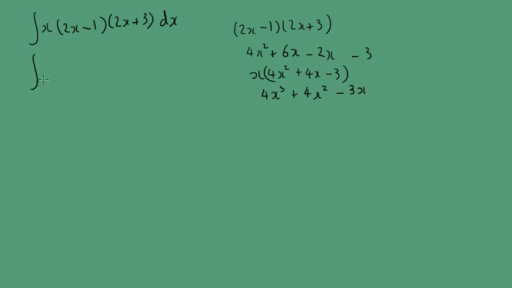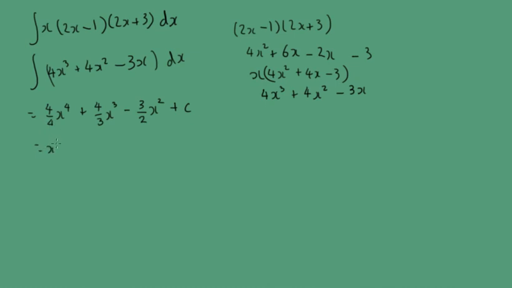So that's what we're going to then integrate, dx. So that's going to be 3 add 1 is 4, so it's 4 over 4 x to the power 4 plus 4 over 3 x cubed minus 3 over 2 x squared, and then our constant term.